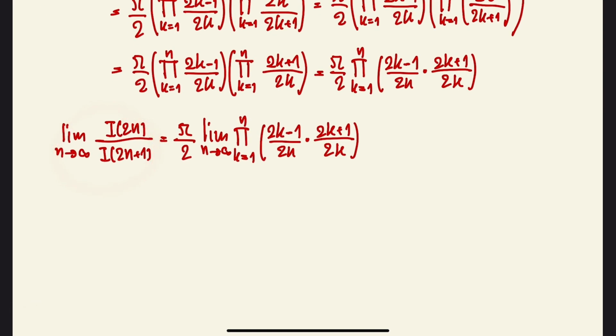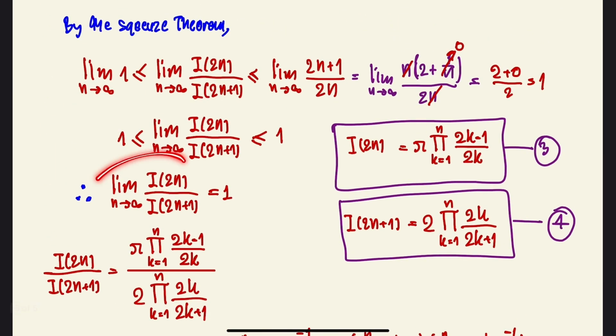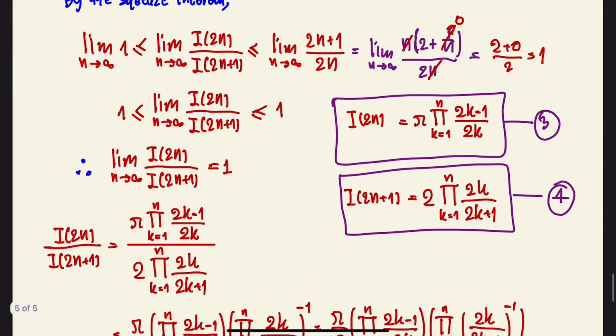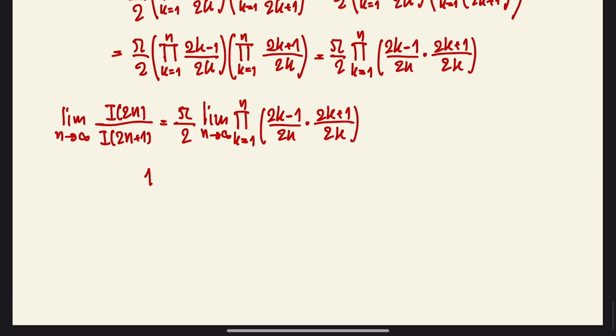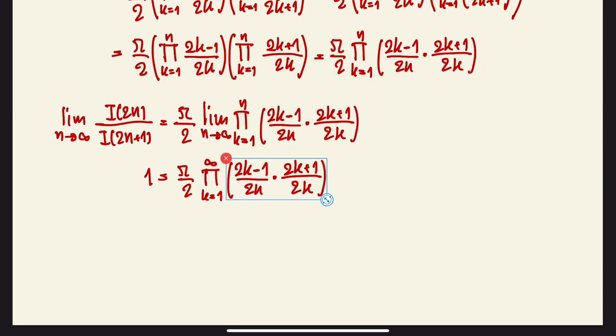This term is 1 right here; we know that it is 1. So it's going to be pi over 2, and the limit as n approaches infinity is going to be the big pi when k equal to 1 to infinity of this term.